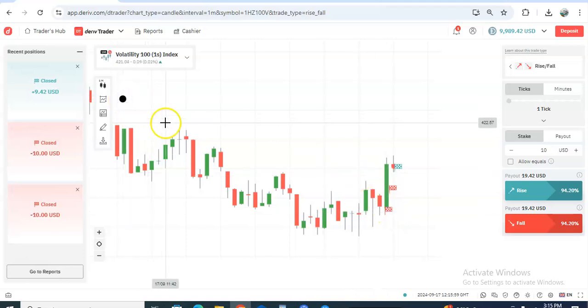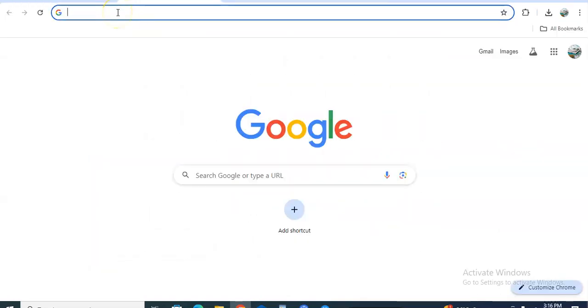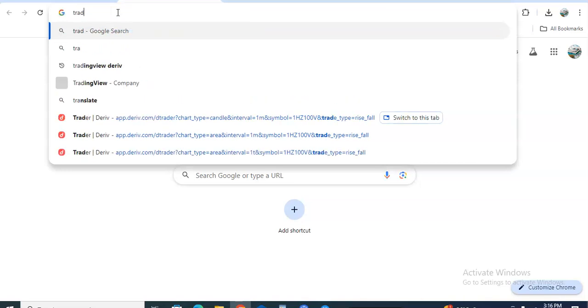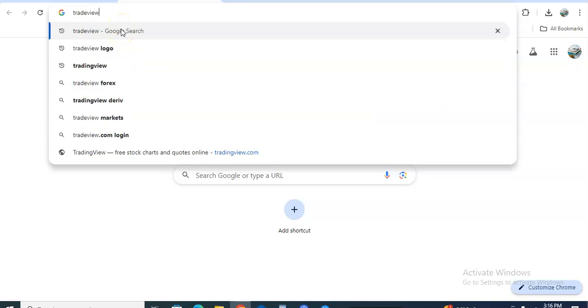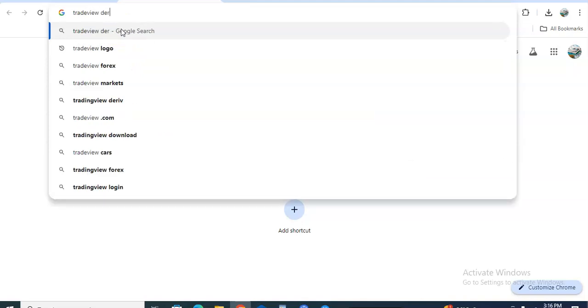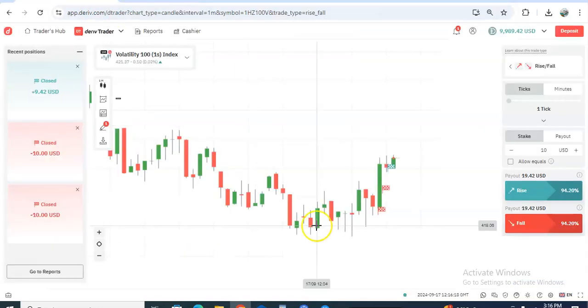I don't know why it's not drawing. So let me just open in trading view so that I can show you something here.